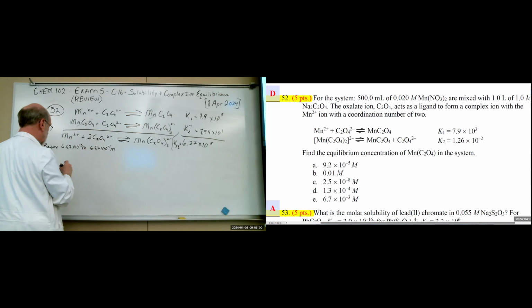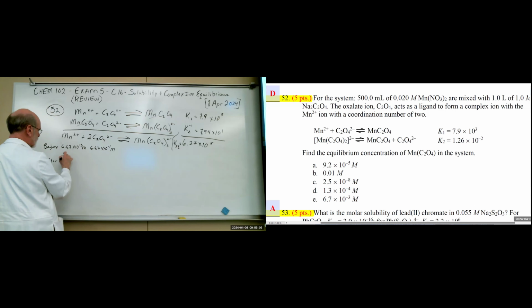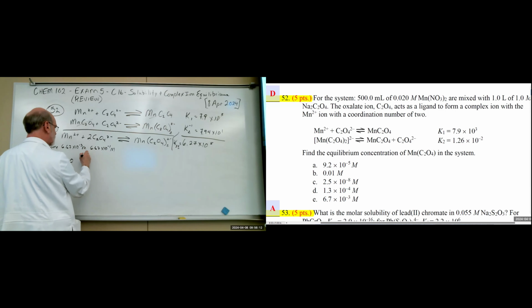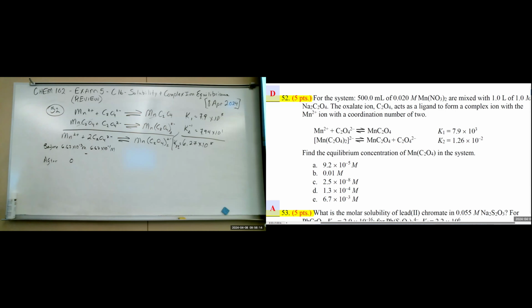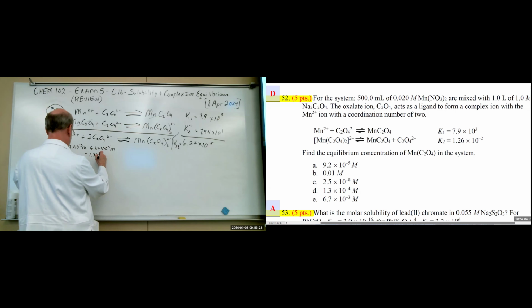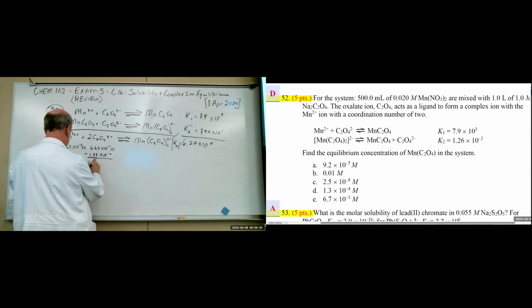Now after, we're going to say everything reacts. So all of this reacts and we're left with 0. For every one of these, you get 2 of those. So we need to subtract 2 times that value, 6.67 times 10 to the minus 3, which is 1.33 times 10 to the minus 2, subtracted from that value, which is 6.53 times 10 to the minus 1.